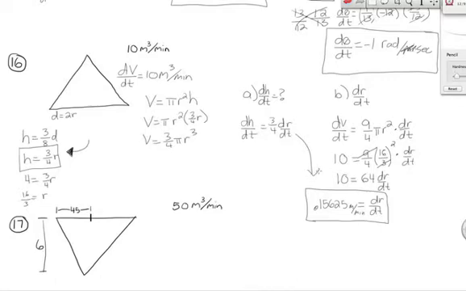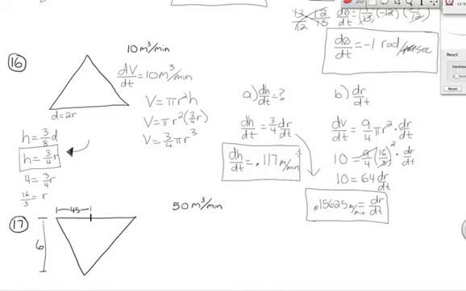So I should be able to write that dh/dt is equal to 3 times my answer divided by 4. So I get an answer of, and I hope these are right, 0.117 meters per minute. And that should be the right answer.